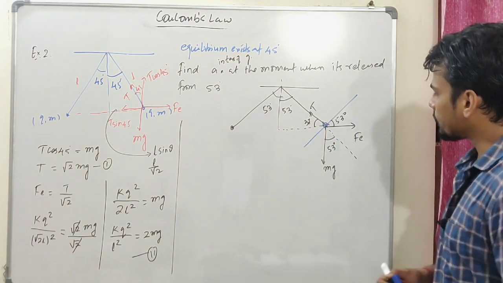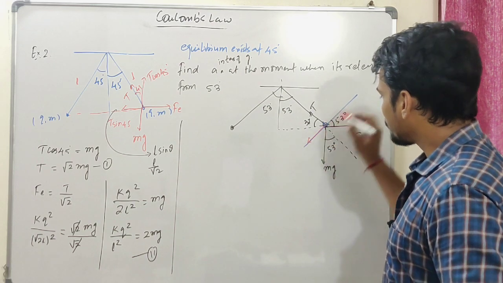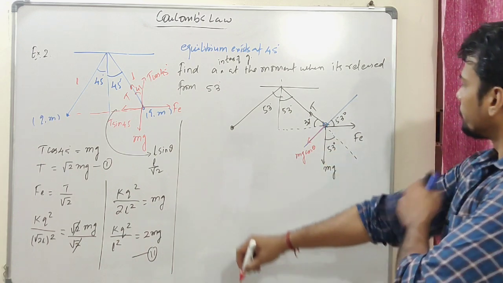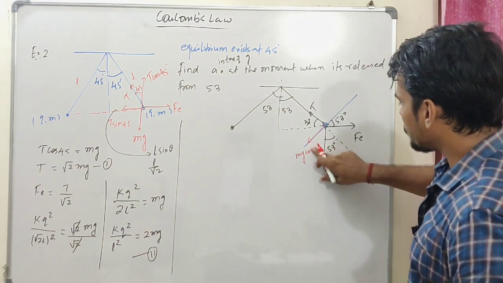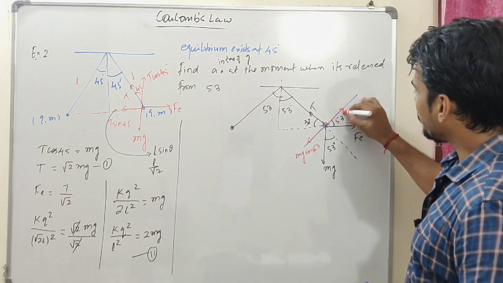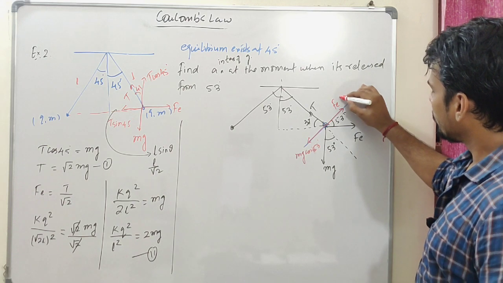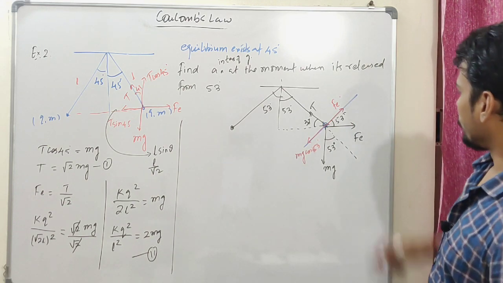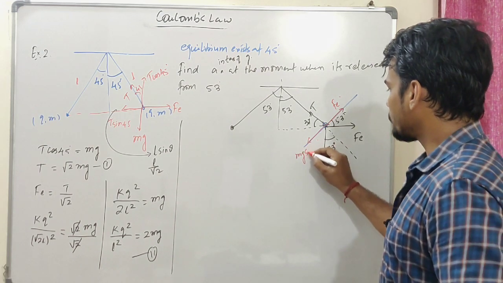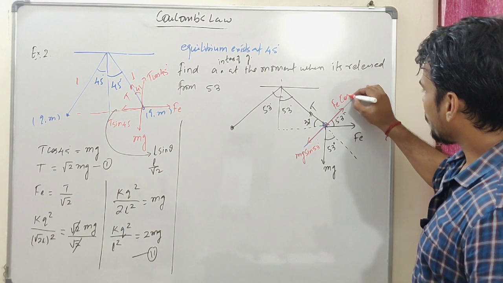Now let's see the forces. A component of mg would be acting along this direction, mg sine theta, and theta over here is how much? Let's say right away 53 degree. And there would be F electrostatic in this direction, Fe cos 53 degree. This is mg sine 53 degree.